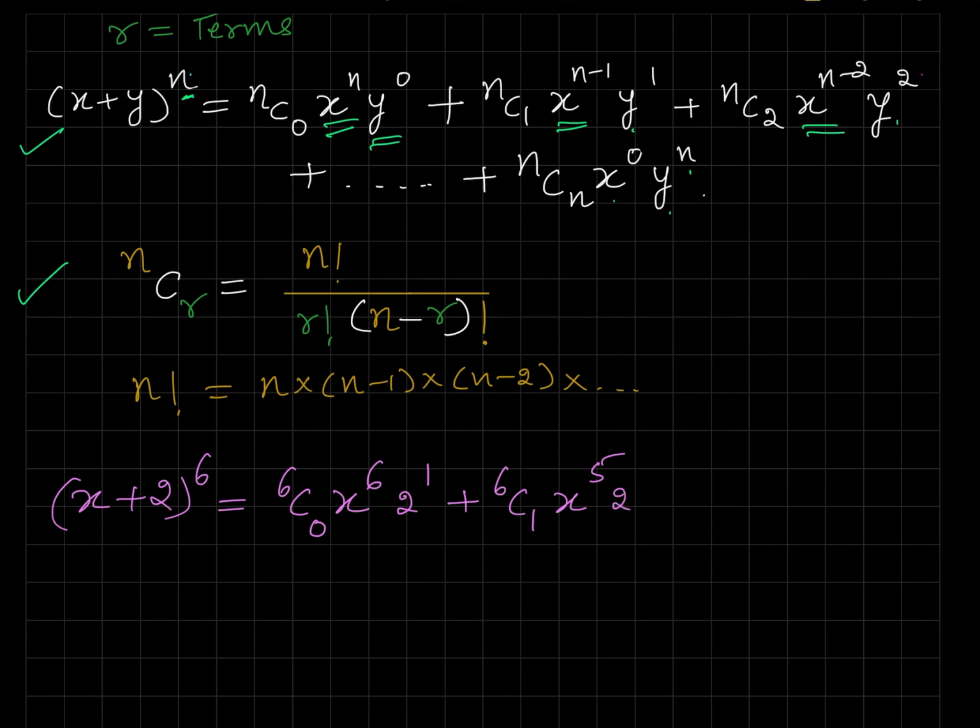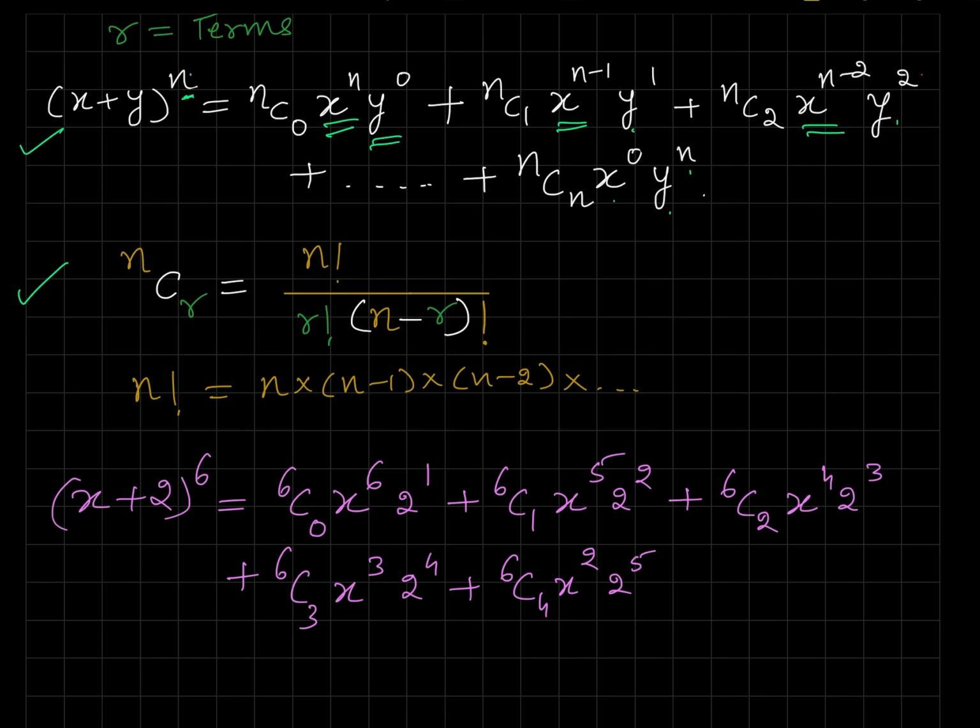Then 6C2 x^4 2^2, then plus 6C3 x^3 2^3, then the next would be 6C4 x^2 2^4, correct? Let us check.